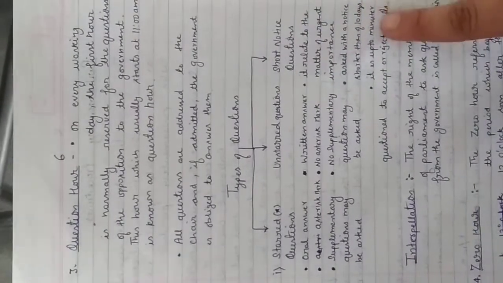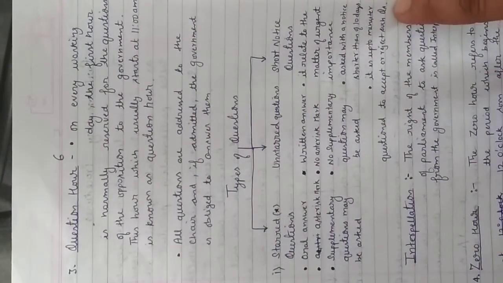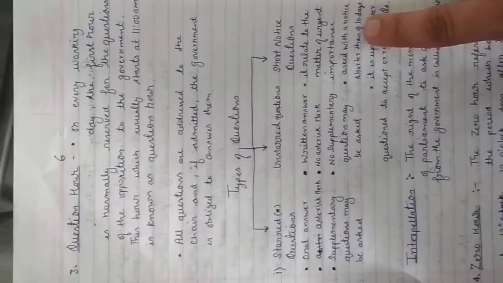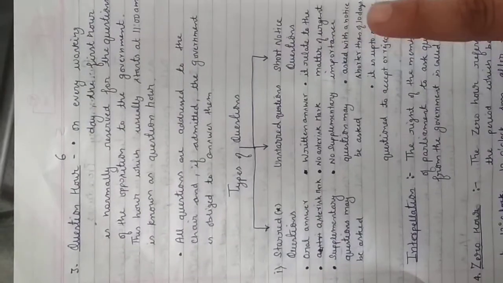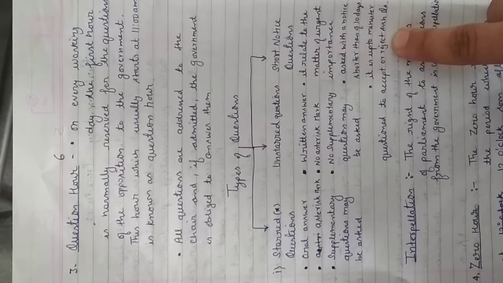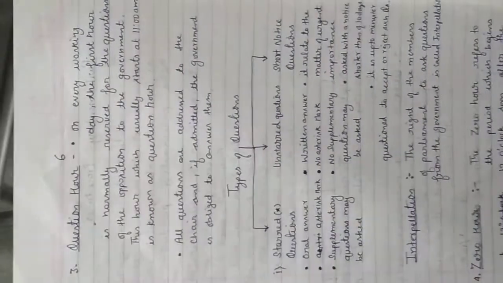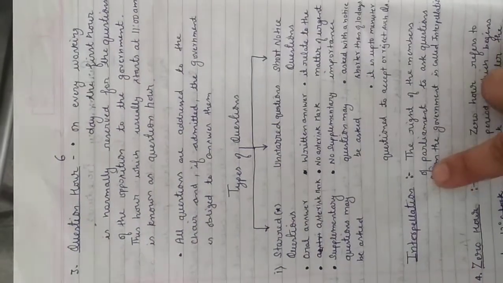It is up to the minister to accept or reject such questions, so it is not compulsory to be answered. If the minister whom I have asked wants to give an answer, he may accept it, otherwise he will reject it.